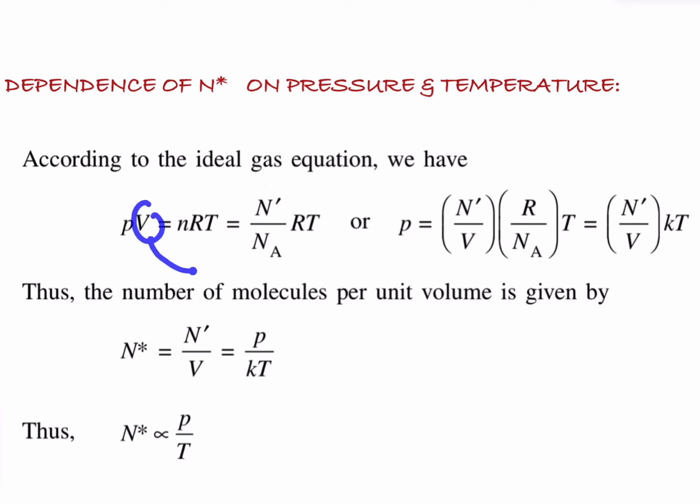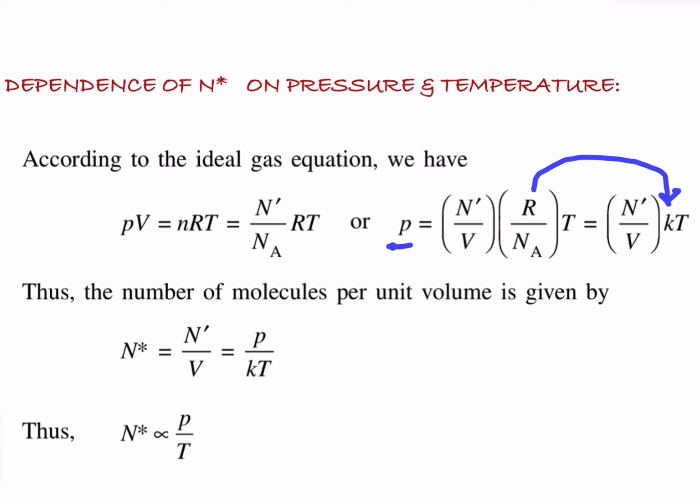Or send this volume term to the right side. As a result, from this expression, P is equal to n prime by V, you are sending the volume term to the right side, and here we have the RT term, and also here we have Na, and this is the molar gas constant divided by the Avogadro number, that is the gas constant per molecule, which is also known as the Boltzmann constant.